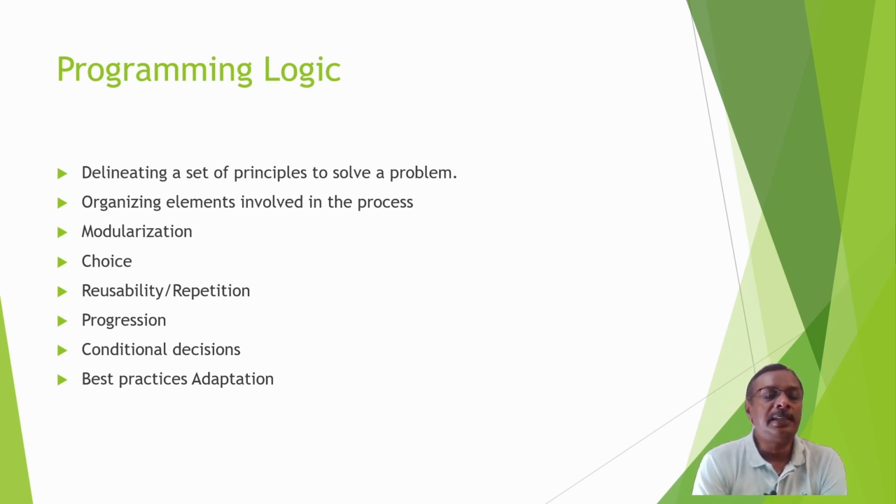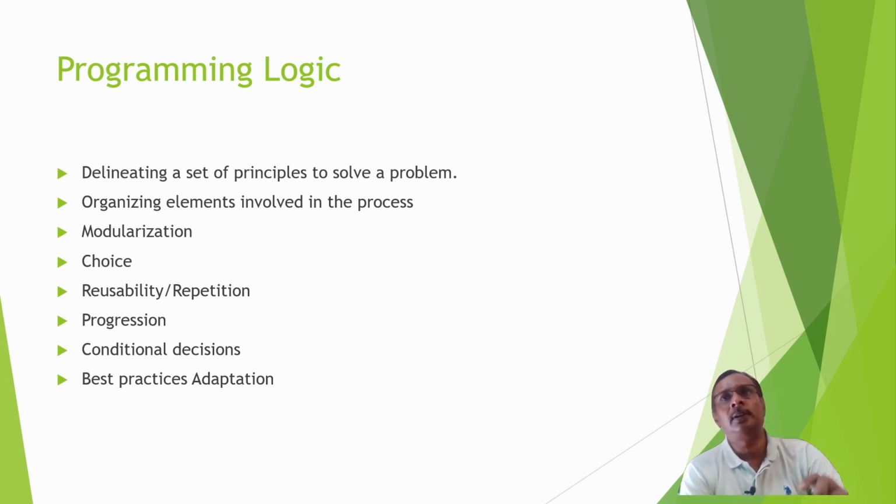From the example we must have understood that it is basically organizing the elements involved in the process, and then we modularize. If it is a complex process, we modularize it. For example, if we want to go a longer distance, we probably split it into three modes of travel.